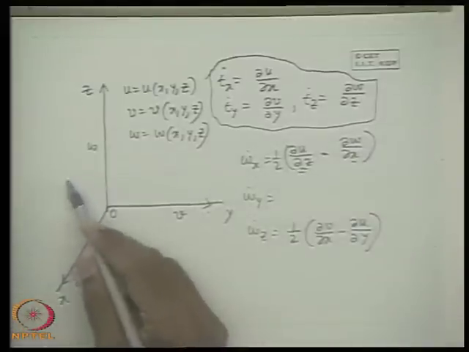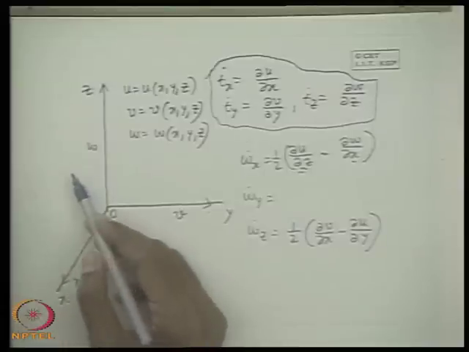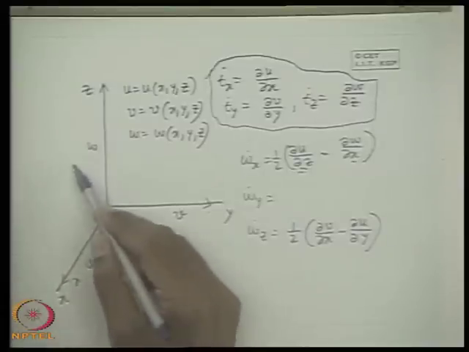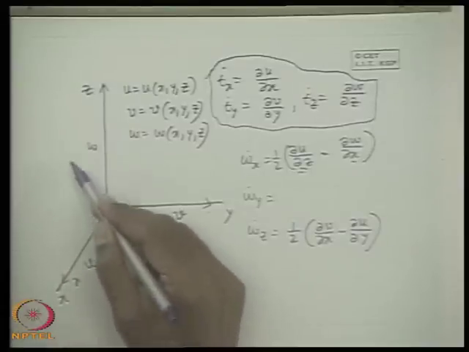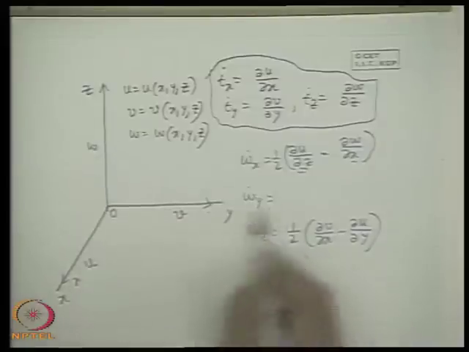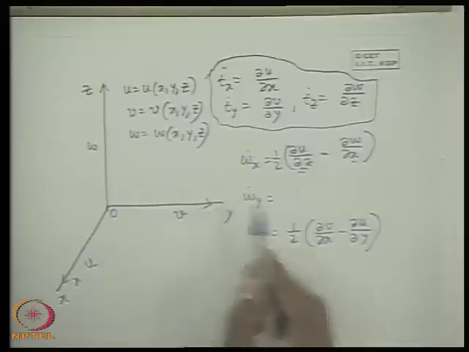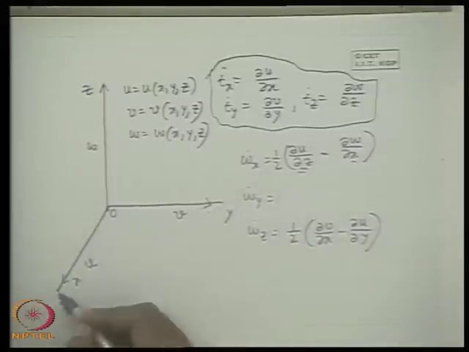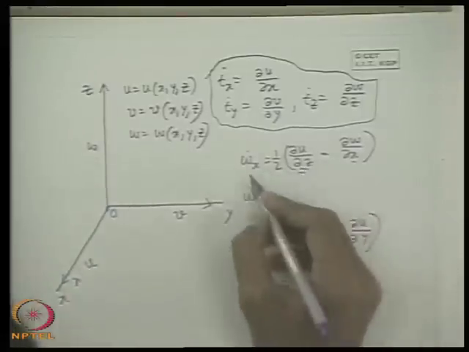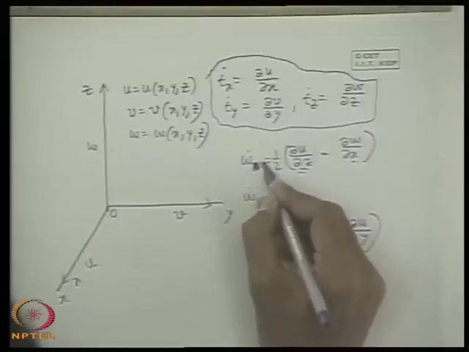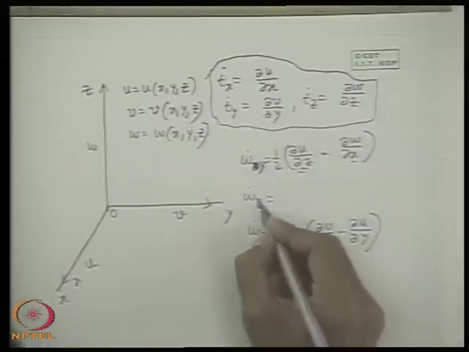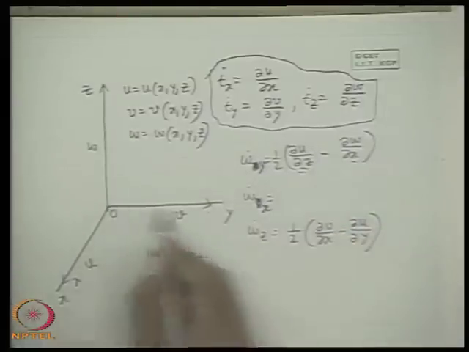So del u del z, that means the linear element here will have a positive angular velocity, which is responsible for a change in the x component of velocity with respect to z. Similarly with the y direction, I have written this wrongly, sorry: omega dot x will be in the yz plane. So this will be omega dot y, I am sorry, because this is the y direction.